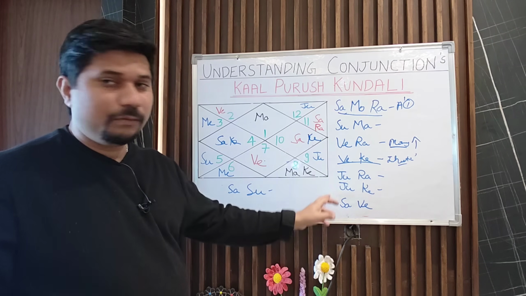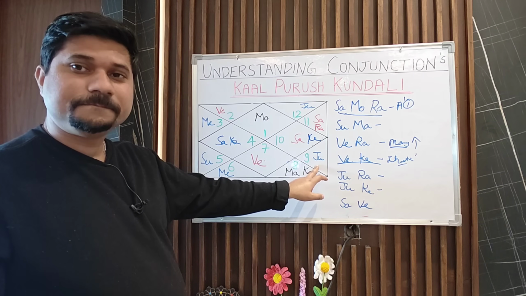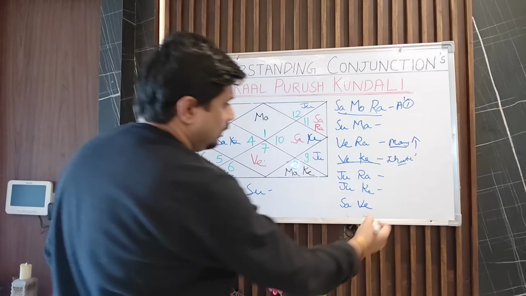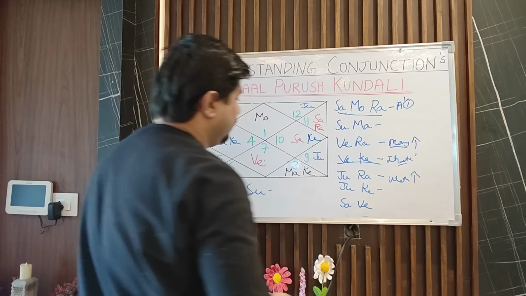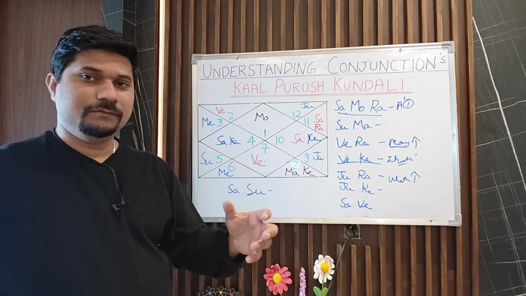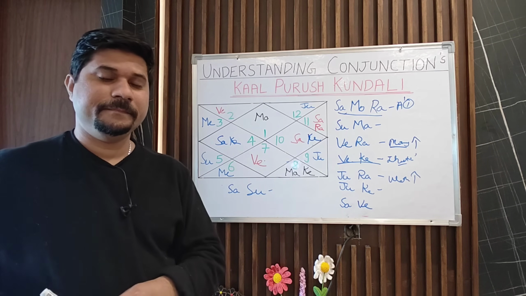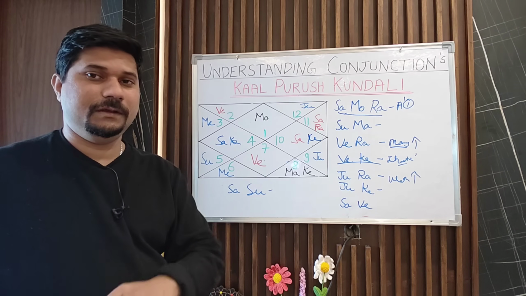Similarly, Jupiter with Rahu and Jupiter with Ketu. Jupiter is your 9th house Lord and Rahu is the 11th house Lord. This is also a wealth giving conjunction. Why is it a wealth giving conjunction? You are receiving wealth because of your Bhagya. 9th house is fortune. So if you want to study your fortune, look at Jupiter, and look at the planets that are forming conjunction with planet Jupiter.